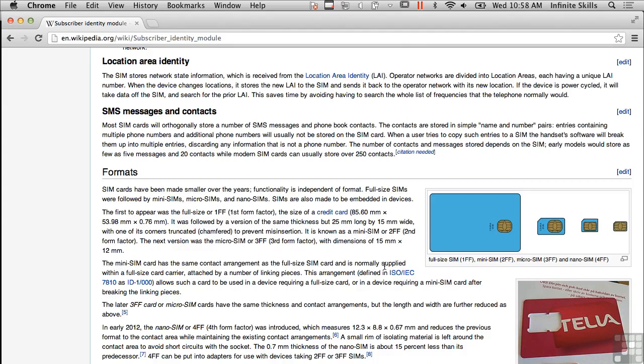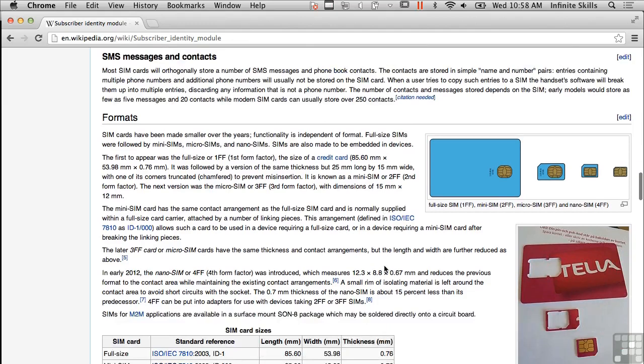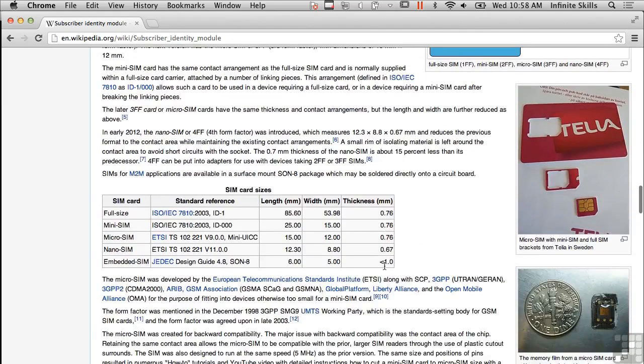So you can get different form factors for these SIM cards, but their function is the same regardless of their form factor. They have to do with identifying who the owner or what phone number belongs to that SIM card, and therefore that's the identity that the phone is going to pick up. So the identity of the phone is actually stored on the SIM card.